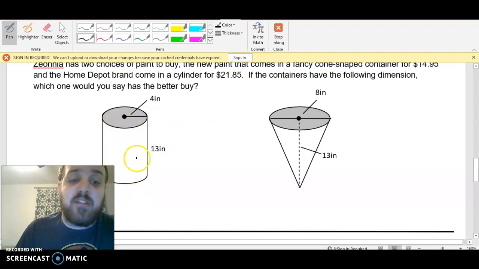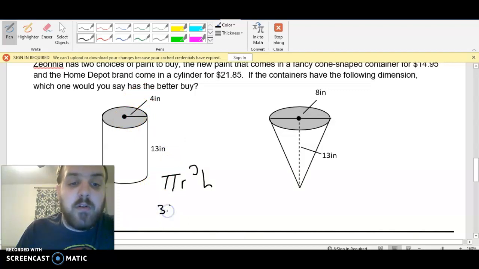So let's start with the cylinder. The cylinder is going to be pi r squared h. We'll plug in these numbers. Our radius is going to be 4. We'll use 3.14 to estimate pi. We'll plug in 4 for r, and 13 for the height. Now we'll take our calculator here.